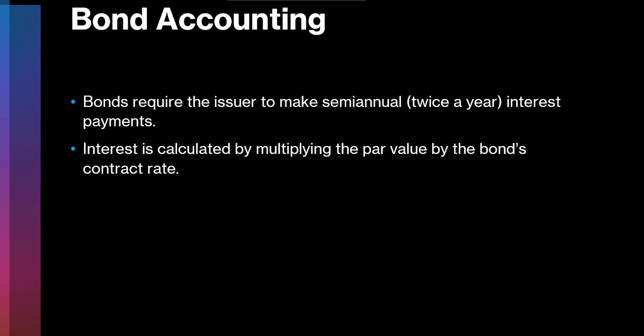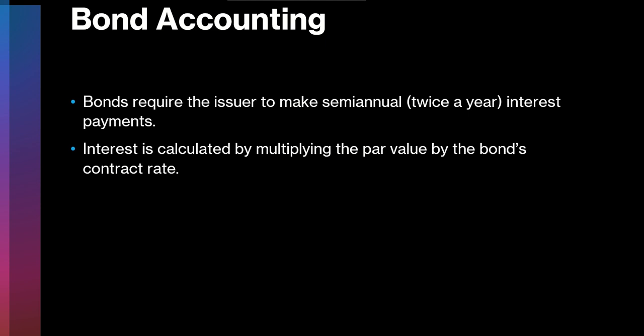Okay, so this next slide, it's what I mentioned partially in the first slide, that bonds require the issuer to make semi-annual interest payments. So that's twice a year. Whenever a cash payment is made, it all goes towards interest. And the interest is calculated by multiplying the par value by the bond's contract rate. So a bond has an amount, the par value or face value, equivalent to a loan amount or the principal balance displayed on a note.